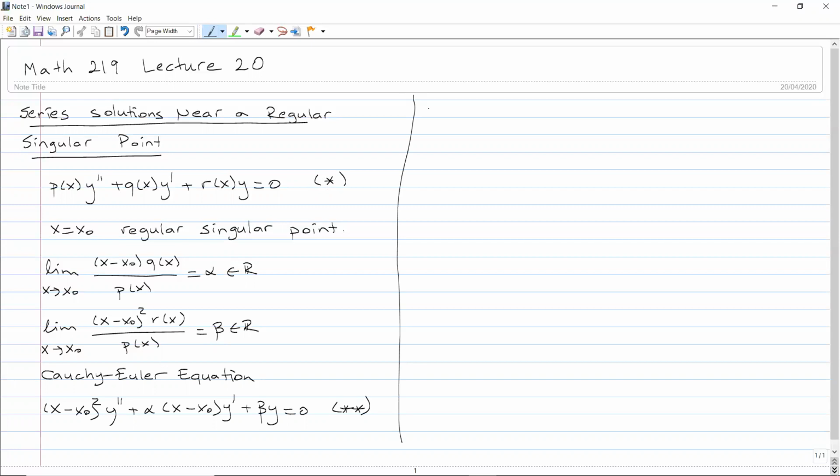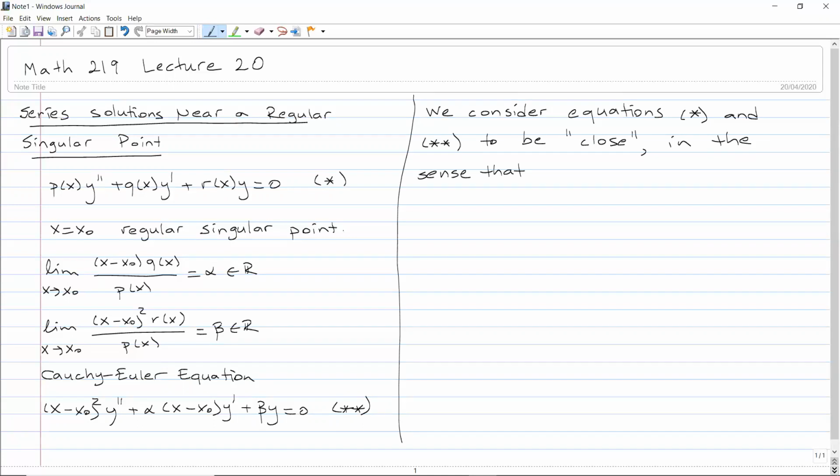So we consider equations star and double star to be close, in the sense that, if you consider the Taylor series, the numbers alpha and beta are the same.